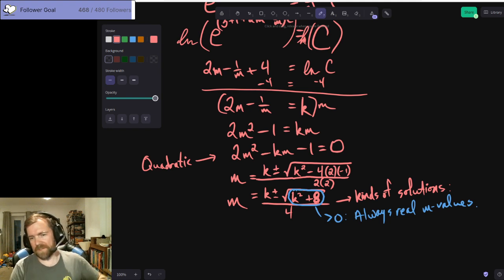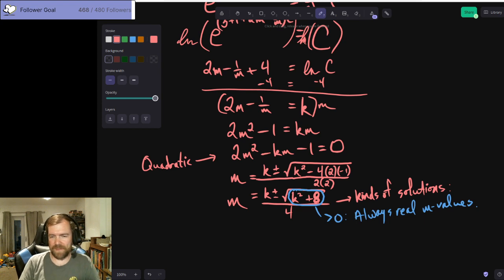Number theory wise, you have the fraction up top there, k plus or minus the square root of k squared plus 8. Is it true, as Cold Gold says, that no matter what the k value is, you're always going to have one that's positive and one that's negative? All right, why?